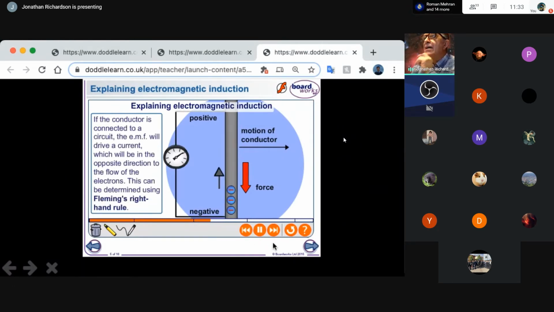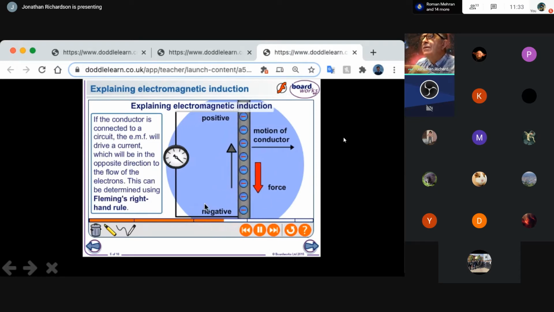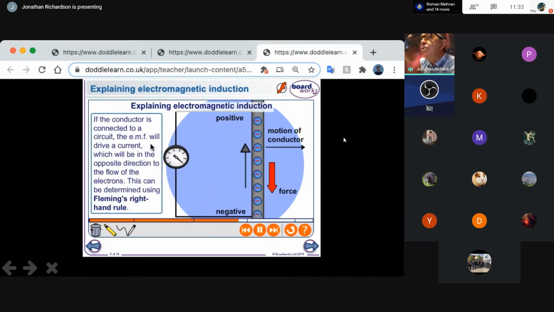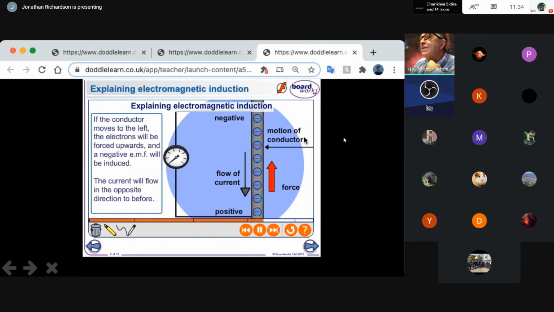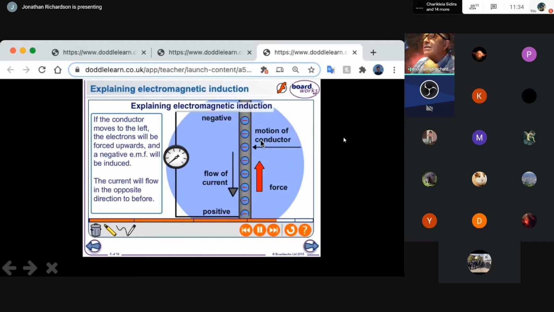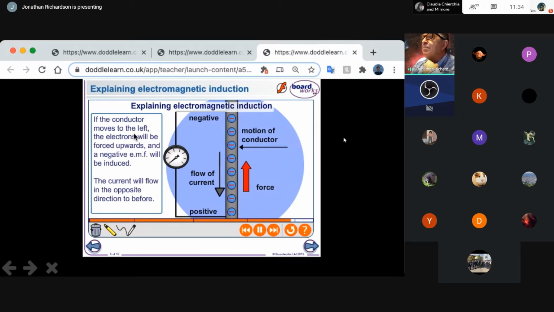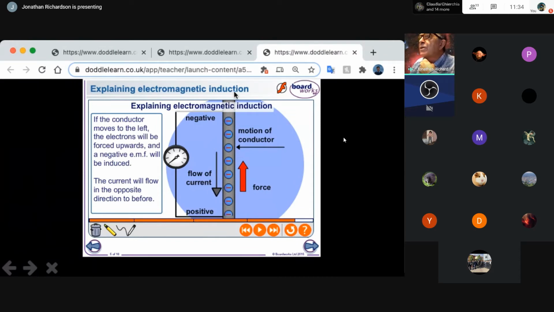Consider the opposite direction. So as long as this is moving, the electrons go in this direction, causing a force downwards, positive, negative, as the conductor is moved across the magnetic field. In the opposite direction, when the conductor is moved backwards, the electrons are forced to move upwards.